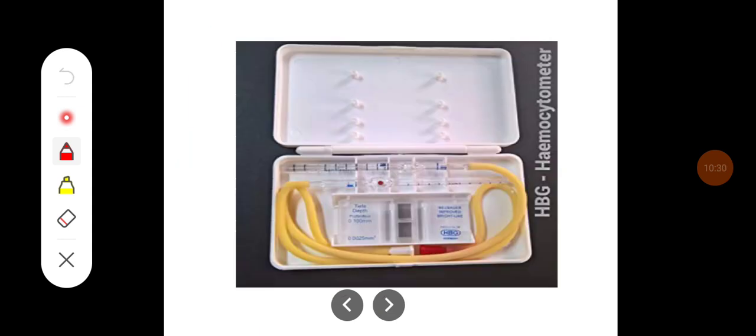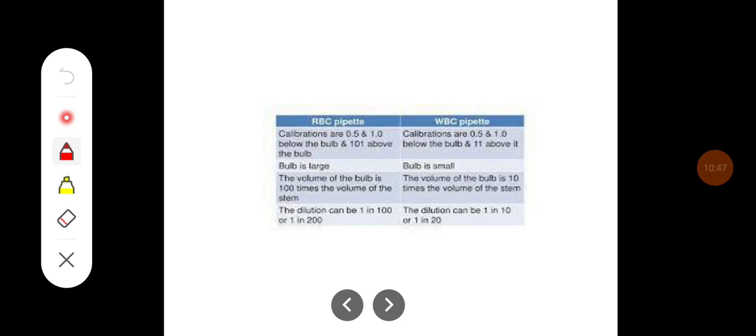This is a hemocytometer, which consists of the Thoma's slide, that is the Neubauer counting chamber, the RBC pipette, the WBC pipette, and the dropper. The difference between the RBC pipette and the WBC pipette is that in the RBC pipette there are calibrations of 0.5 and 1 below the bulb and 101 above the bulb.